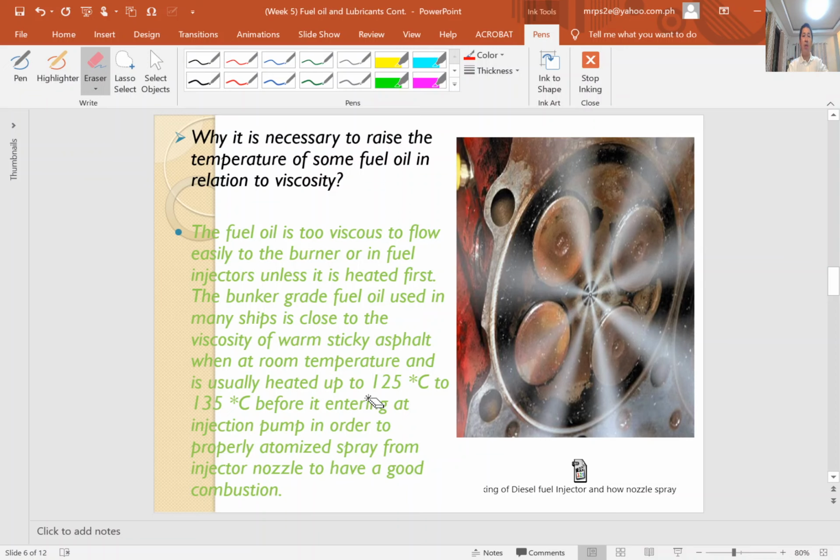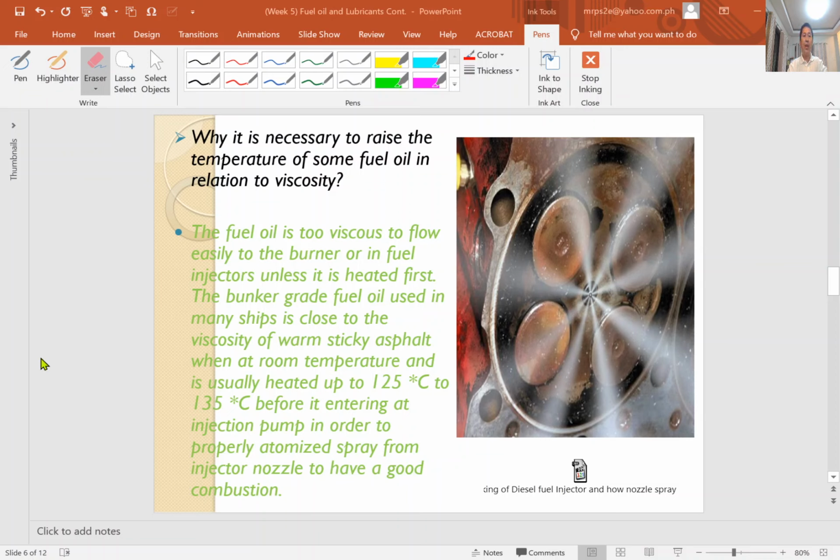I experienced this when I took over from the previous chief engineer, a Russian chief engineer. He did not change over correctly the fuel oil into diesel. He did not flush correctly, or lacked flushing when they arrived in port.